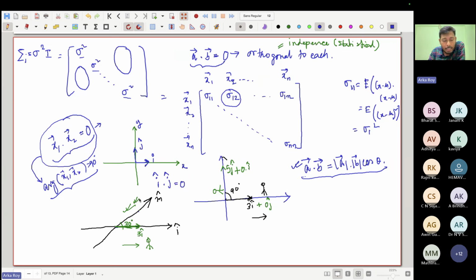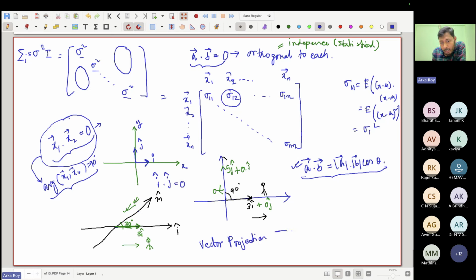He said that there is no b cap component, because I am not moving in axis number 2. But even if it seems that there is no component, there is actually some contribution. That is called vector projection. I hope that you know what vector projection is.